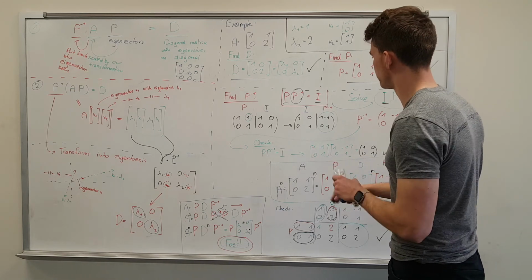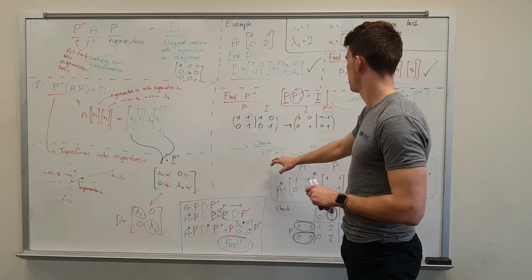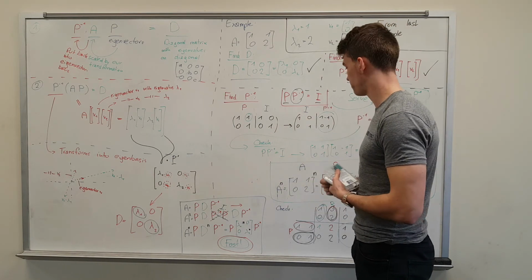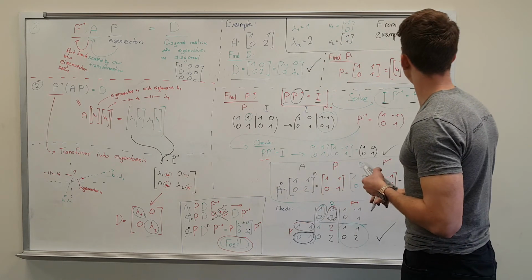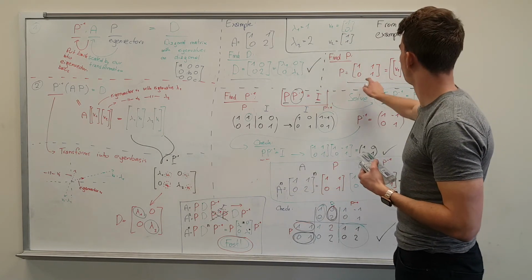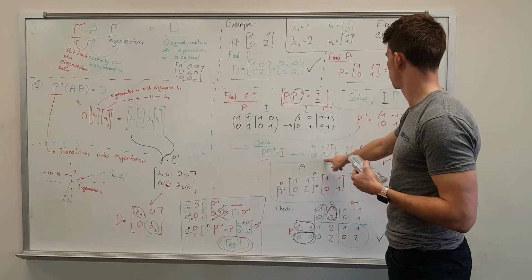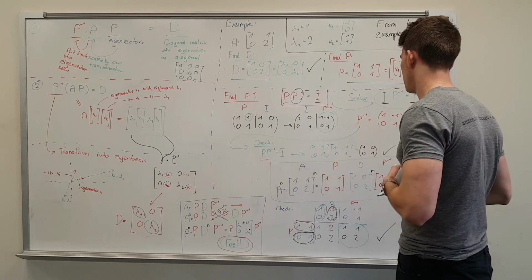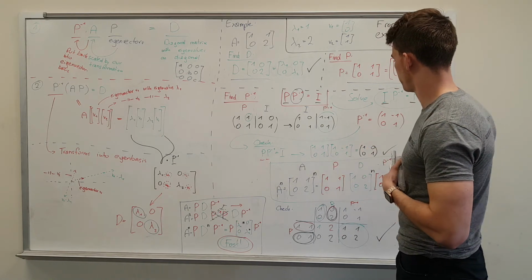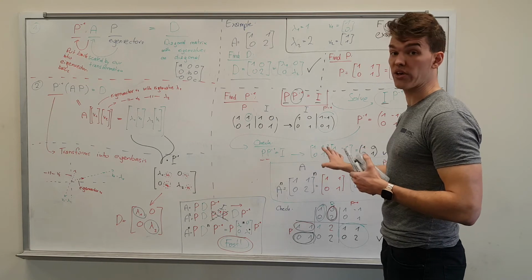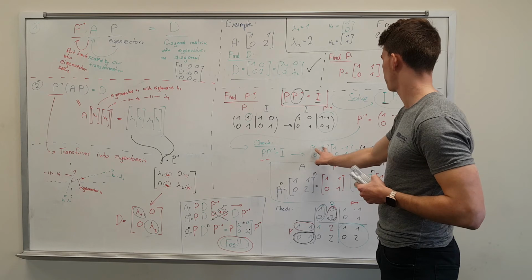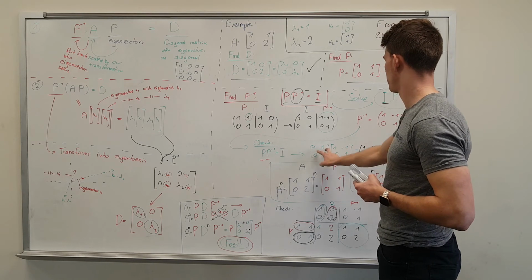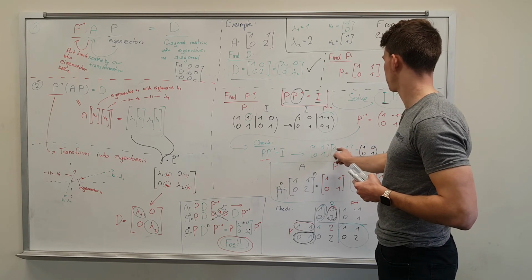And now let's check if this is right. So we know P times P inverse per definition is the identity. And let's see if that works. It's just this matrix multiplication. So what we're doing now is think about matrix multiplication like dotting these. So we dot this with this. This is 1. We dot this with this. This is 0.